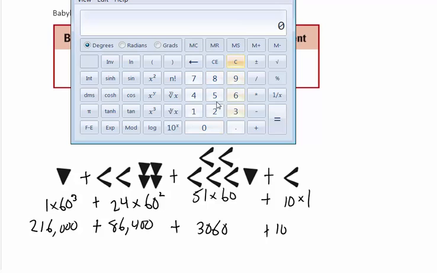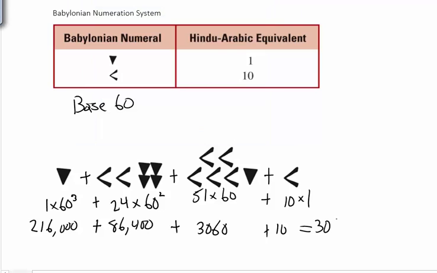Let me try that again. 216,000 plus 86,400 plus 3,060 plus 10 would be 305,470. That is literally what that number would translate to in our common numerical system.